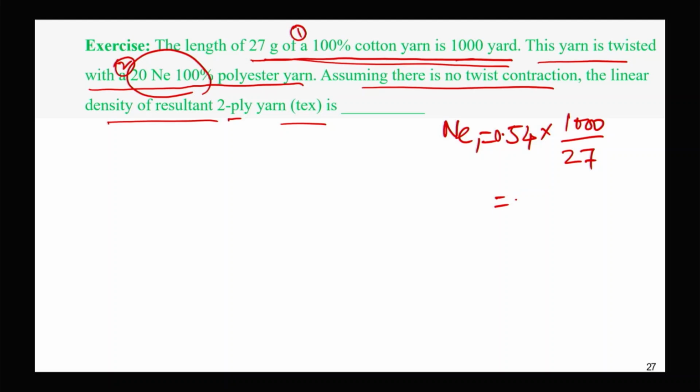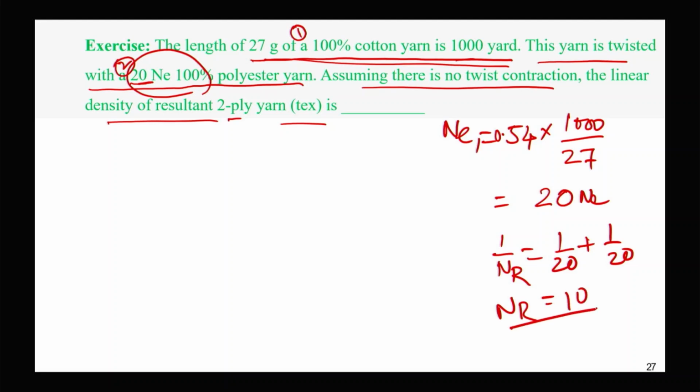So it will become 20 NE, and the other component is 20. So 1 by NR equals 1 by 20 plus 1 by 20. So NR will become 10.